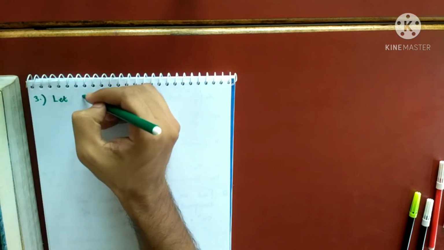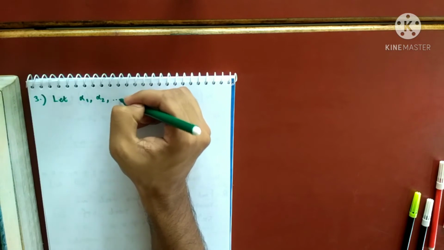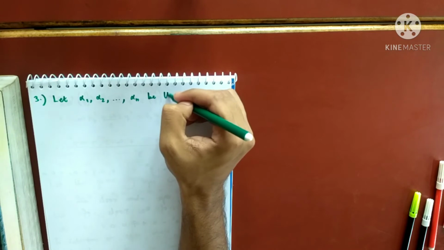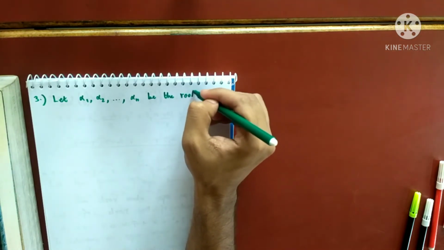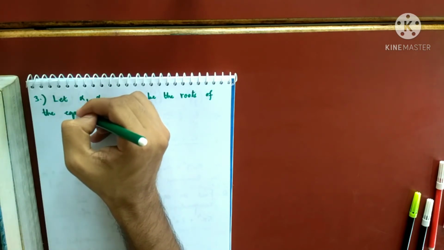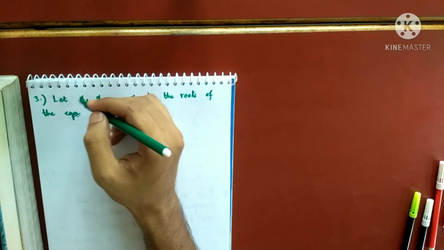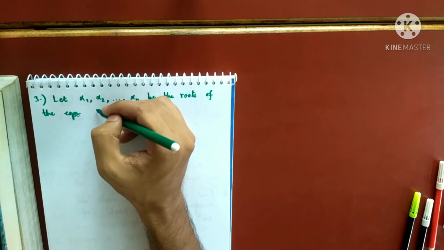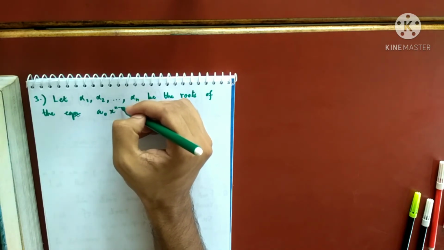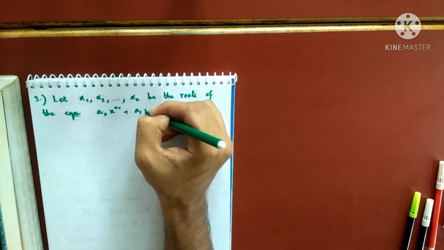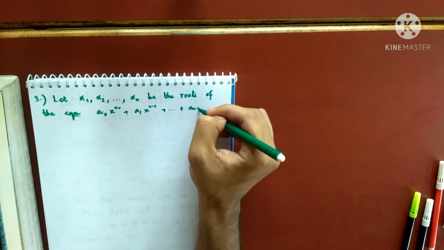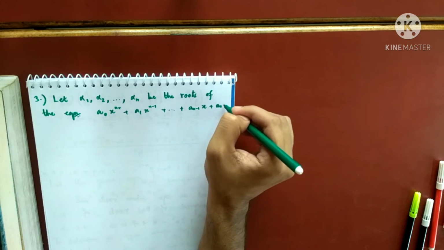So let alpha 1, alpha 2, dot dot dot alpha n be the roots of the equation a0 x to the power n plus a1 x to the power n minus 1, and proceeding like this to the second last term and the last term.